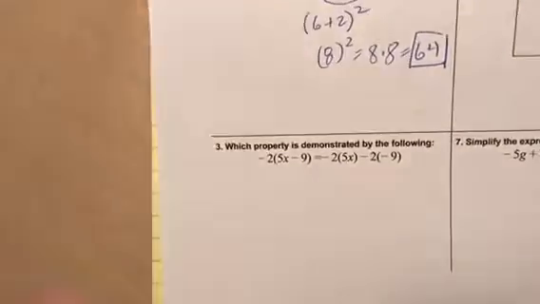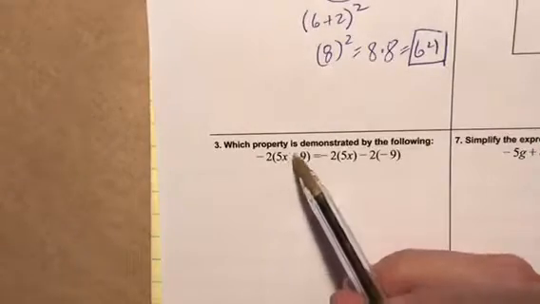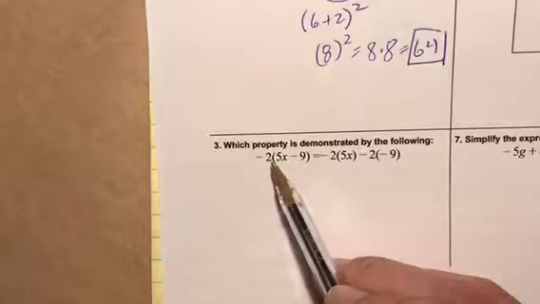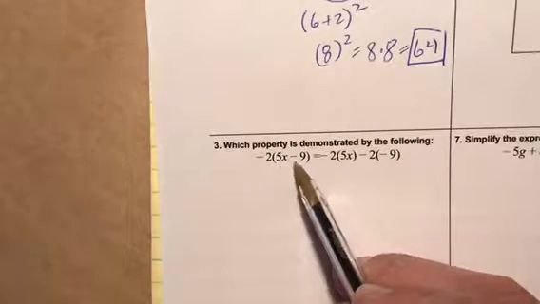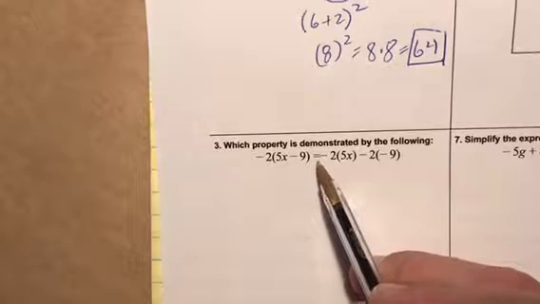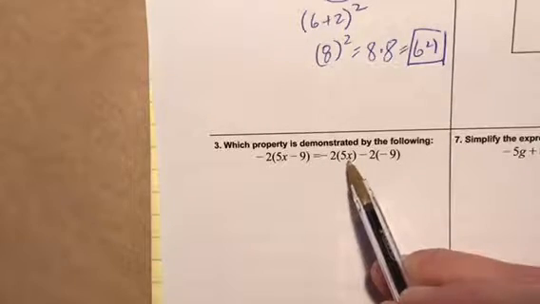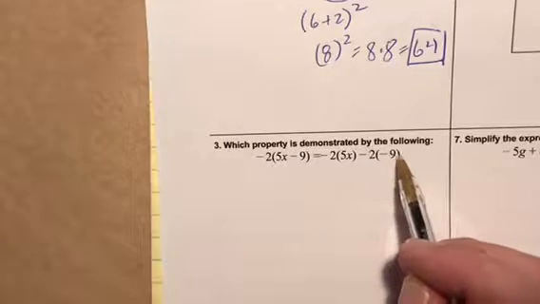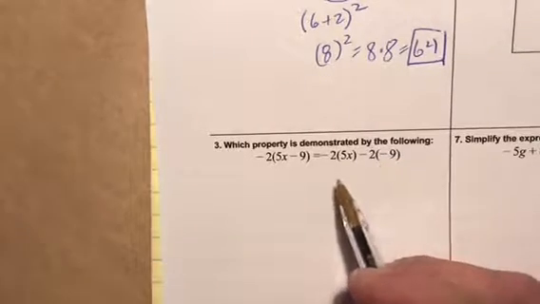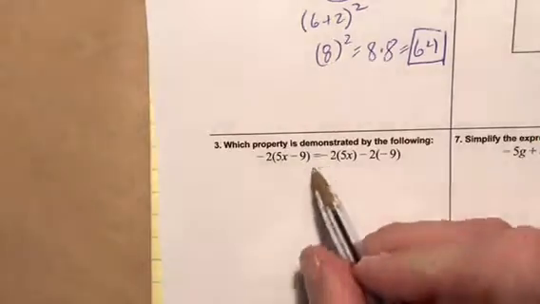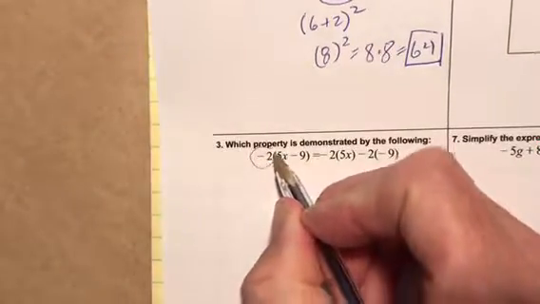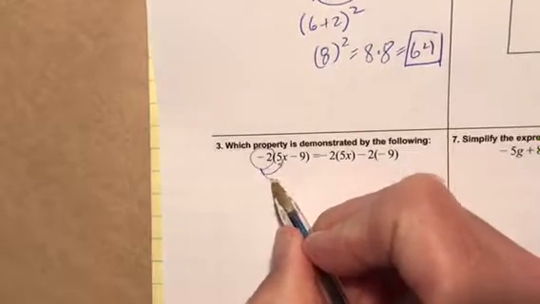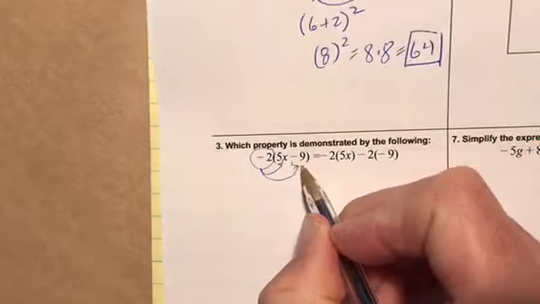Number 3 asks, which property is demonstrated by the following? I have negative 2 times the quantity 5x minus 9, and that's equal to negative 2 times 5x minus 2 times negative 9. That's one way to read this. But what I notice is that I've got this negative 2 here, and I'm multiplying it by each term on the inside.